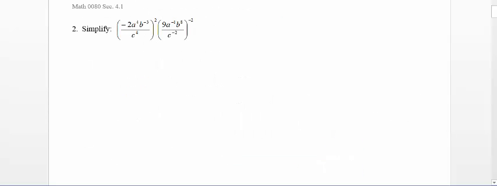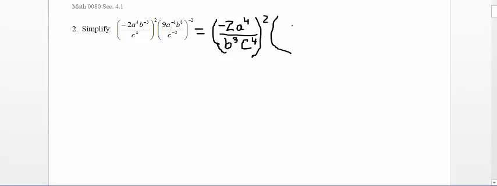Let's apply this to number 2. So first I'm going to deal with the negative exponents inside of each parenthesis. So the power of negative 3 in the numerator becomes a power of positive 3 when I move that exponential expression to the denominator.